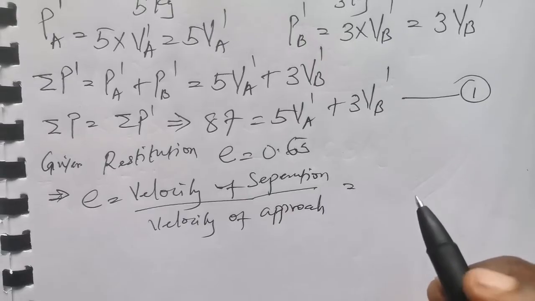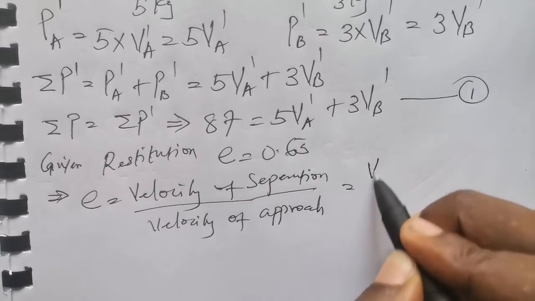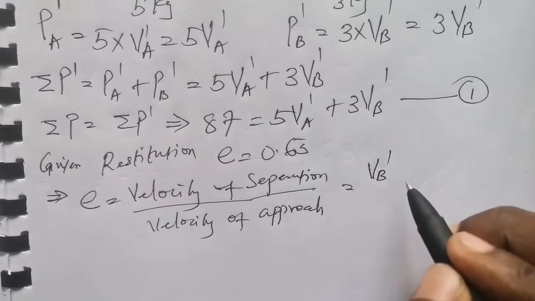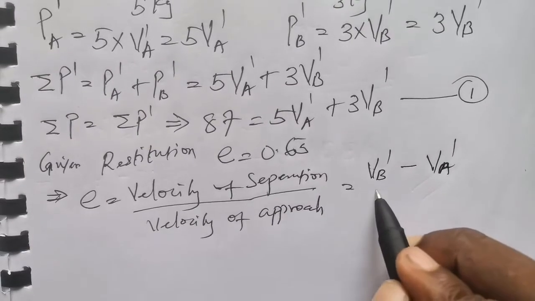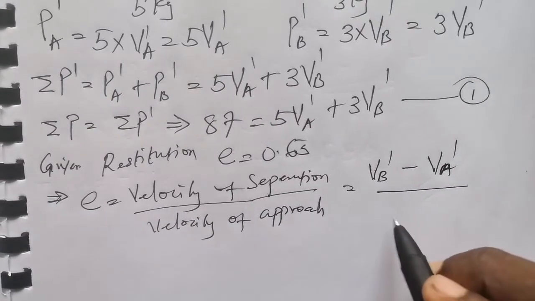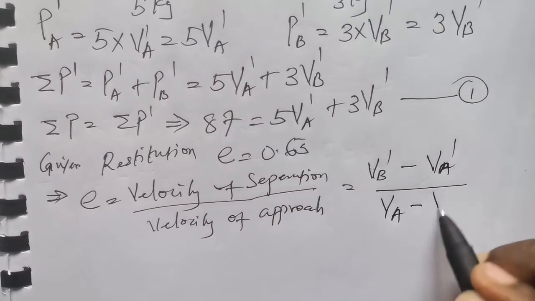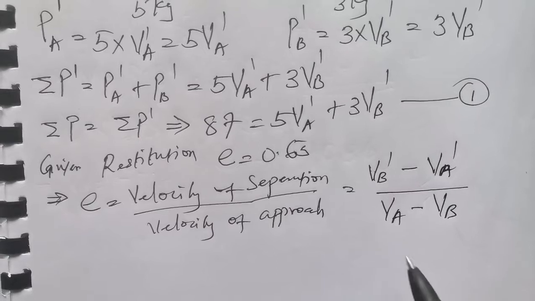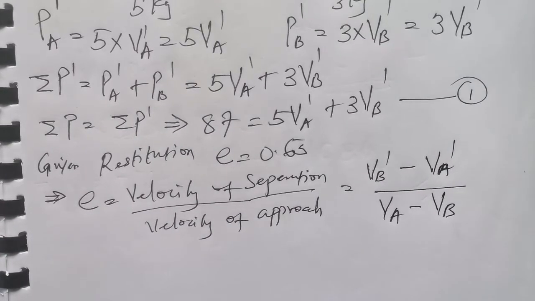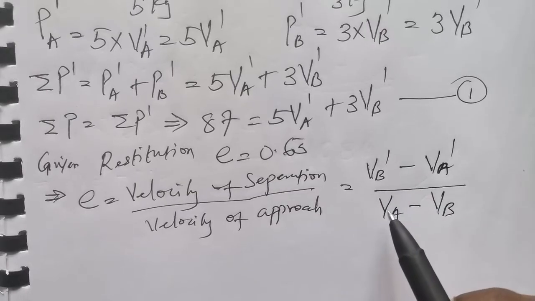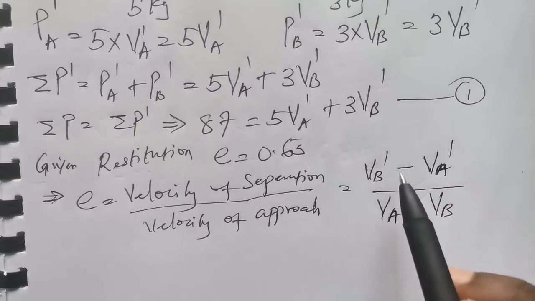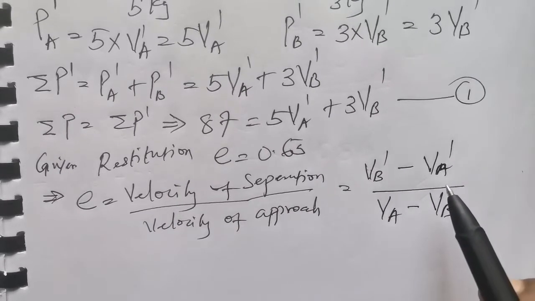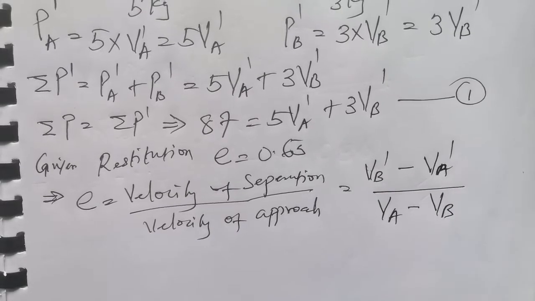And the velocity of separation is the final velocity VB prime after collision has taken place minus VA prime, divided by the velocity of approach, which is simply VA minus VB, which means the initial speed of car A before collision minus the initial speed of car B before collision. Whereas VB prime means the final speed of car B after collision minus VA prime, the final speed of car A after collision. So let's plug in these values and see.